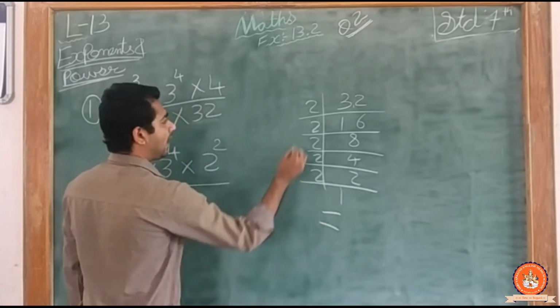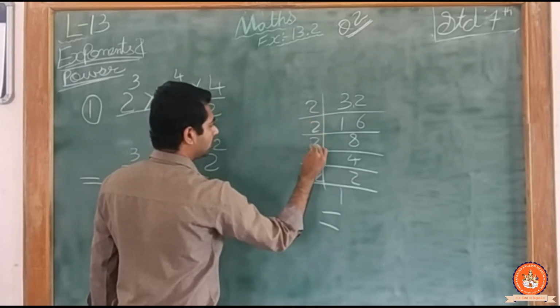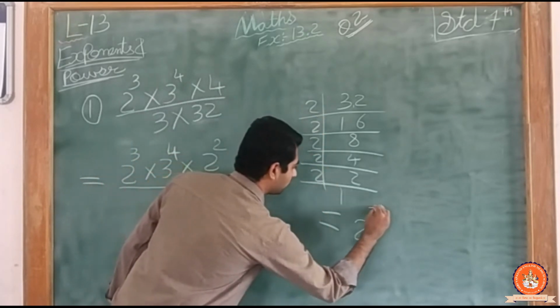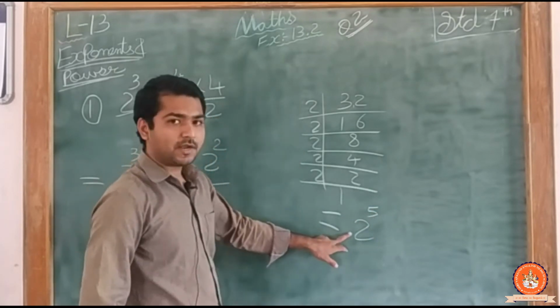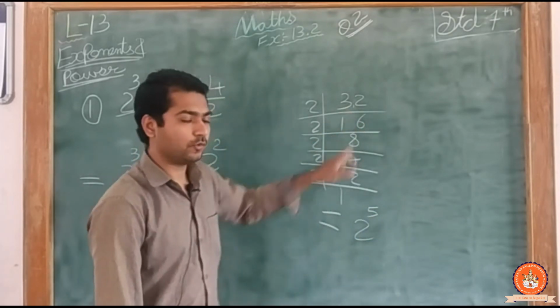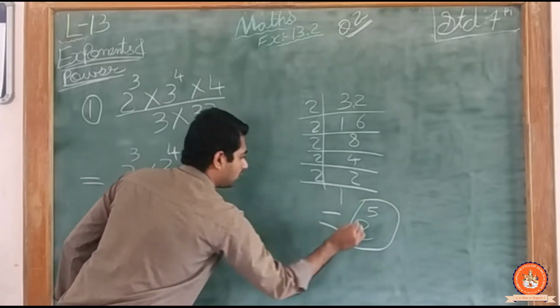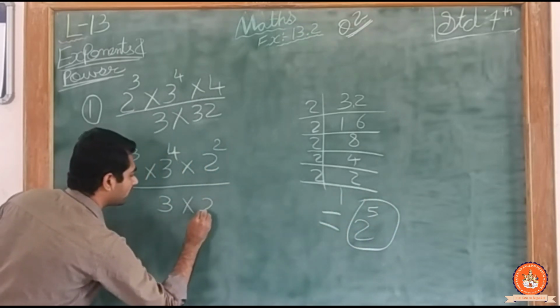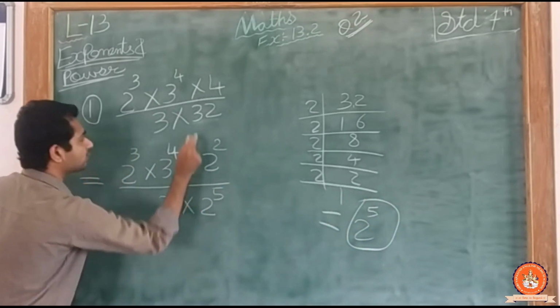That means how many 2s I have? 1 2 3 4 and 5. So 2 raised to 5. If I multiply 2 5 times, I get 32. So I will write 2 raised to 5 here, 2 raised to 5 in place of 32.